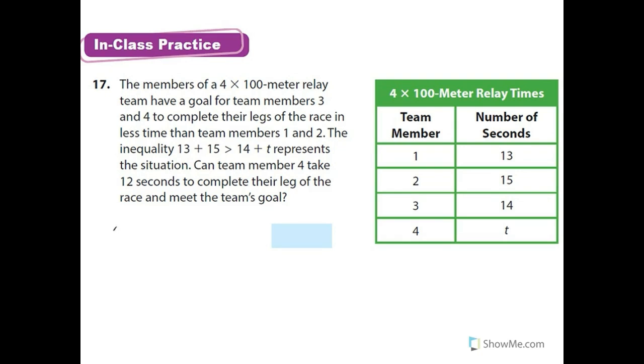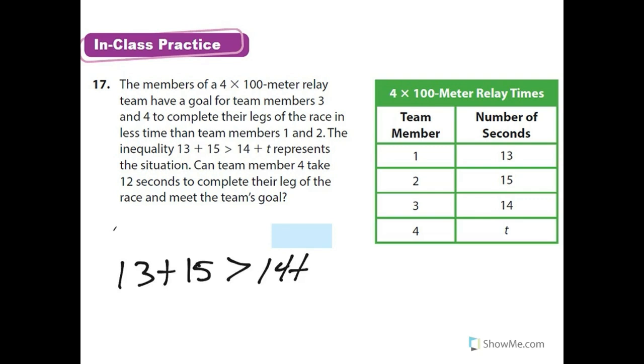Okay, the members of a 4 by 100 meter relay team have a goal for team members 3 and 4 to complete their legs of the race in less time than team members 1 and 2. The inequality 13 plus 15 is greater than 14 plus t represents the situation.